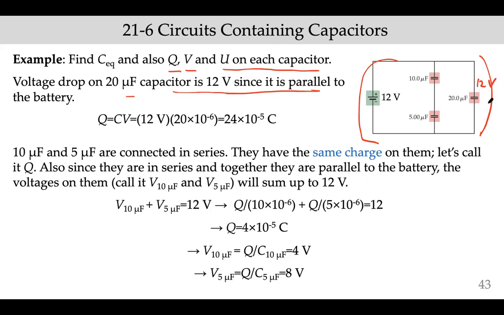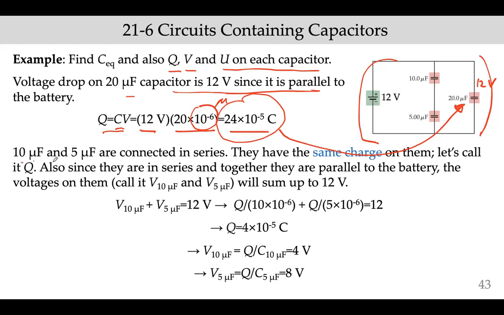So from this information, I can use Q equals CV. So I know C, 20 microfarad, 10 to the negative 6 is micro, multiplied by the voltage, and you find the charge on that capacitor. So this is the charge on this capacitor.